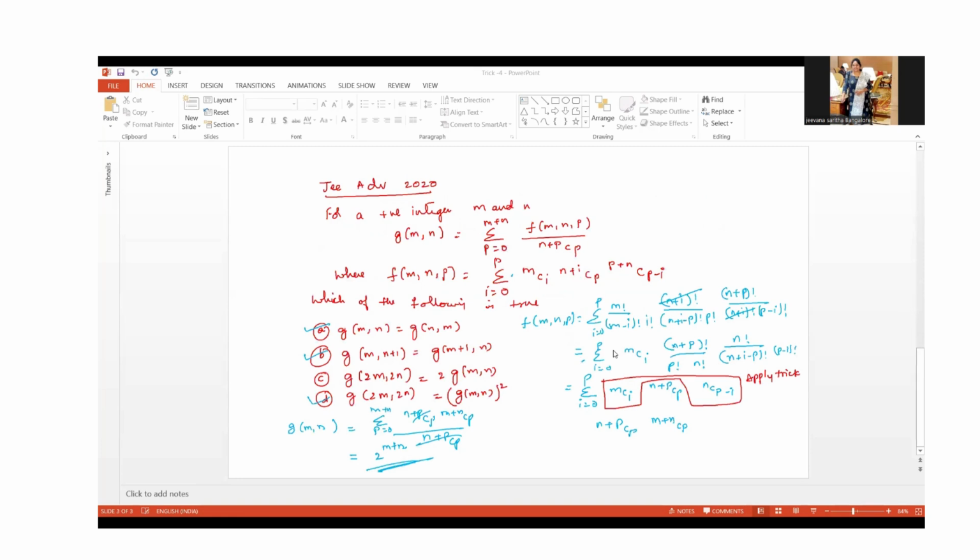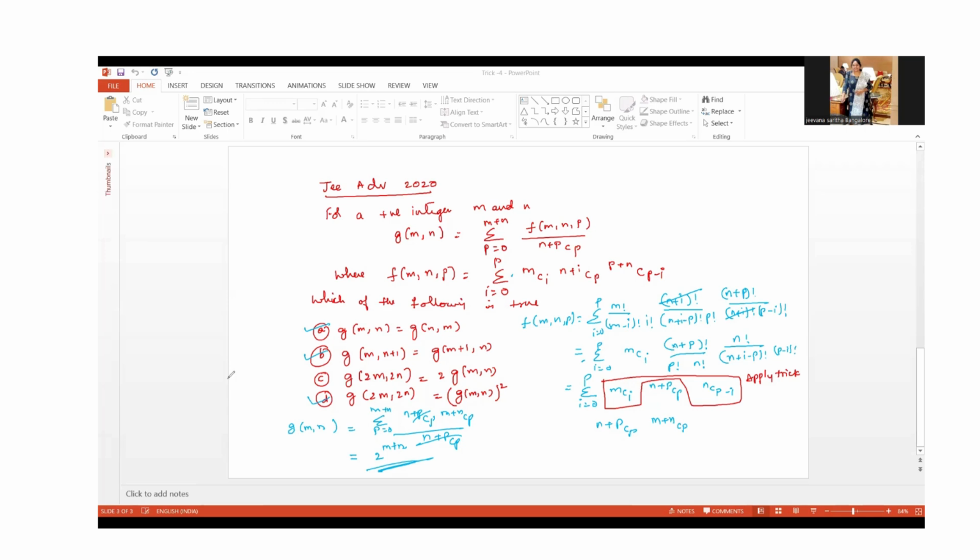For positive integers m and n, g of m, n is defined as sigma p equals 0 to m plus n of f of m, n, p divided by (n plus p)Cp, where f of m, n, p is defined as sigma i equals 0 to p of mCi times (n+i)Cp times (p+n)C(p-i).